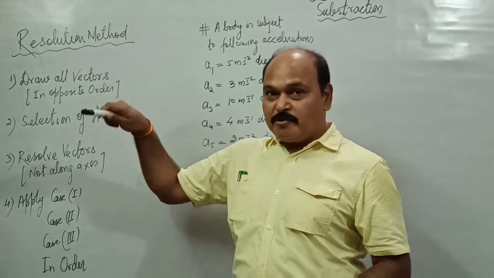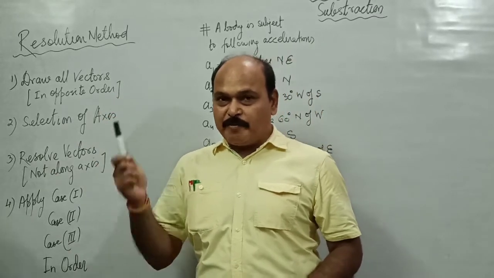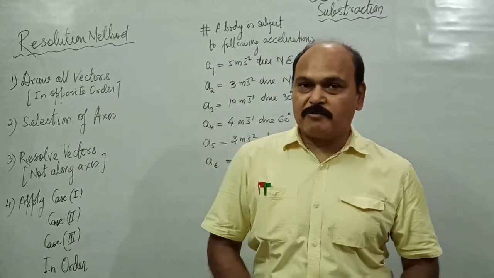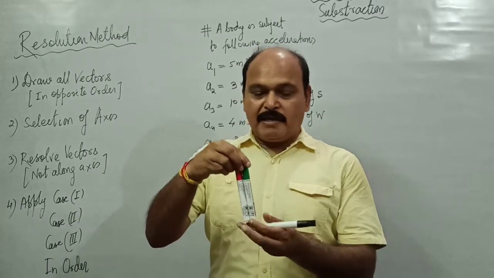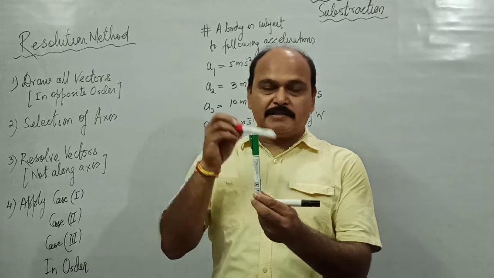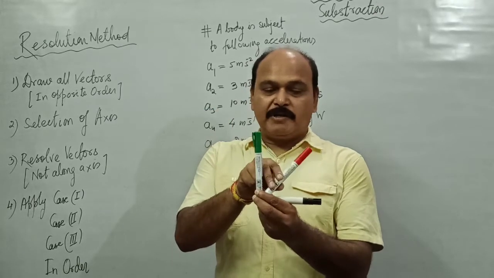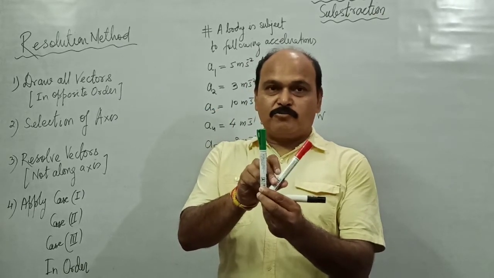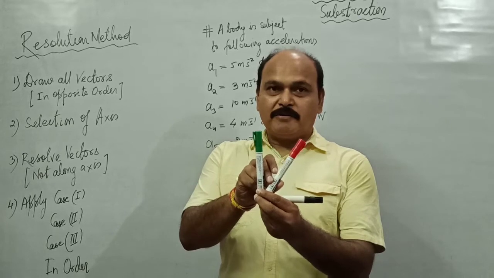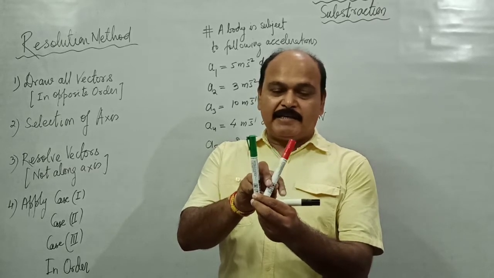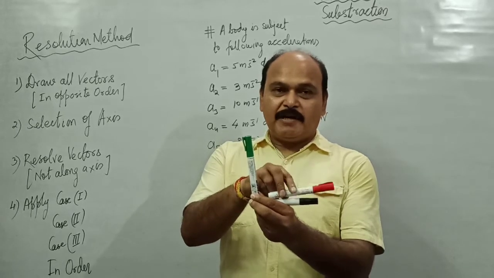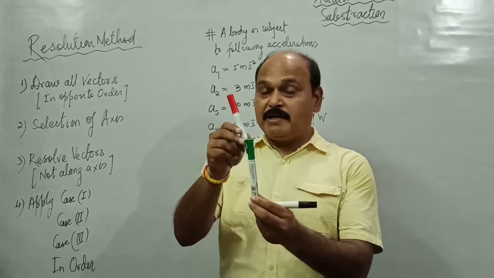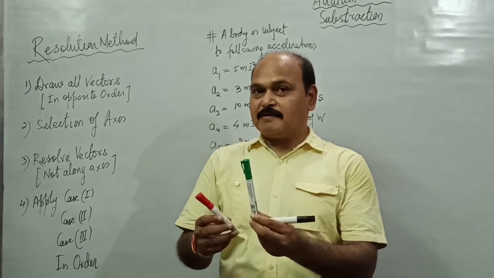Well children, to be able to work out this technique, we must have command over resolution of vectors. We know that if there are two vectors A and B like this, and if some vector is in between, then its two components are going to be what? With whichever axis angle theta is given, along that axis the component would be the cosine component, and along the other axis the component would be the sine component.